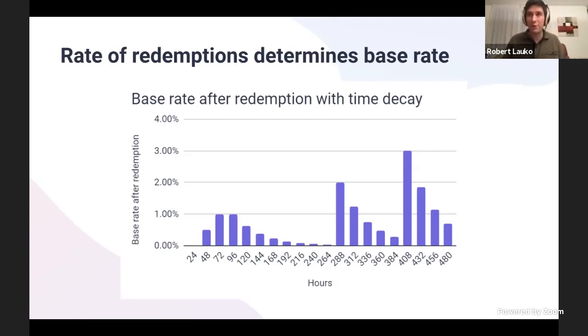Whenever the price is below $1, there is a risk that the system is growing too fast and needs to be throttled. And then we also have a time-based decay, where the current base rate, which serves as a basis for the redemption fee and the issuance fee, would just decay and go back to 0%. So in a state where nobody redeems, the fee should eventually go back to 0%.